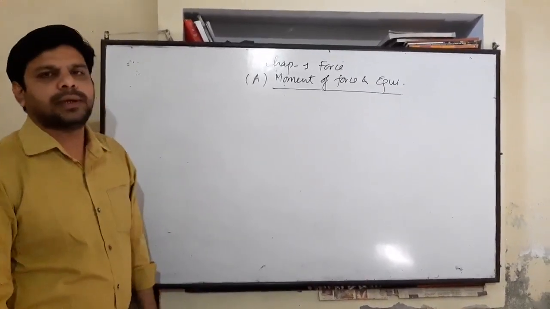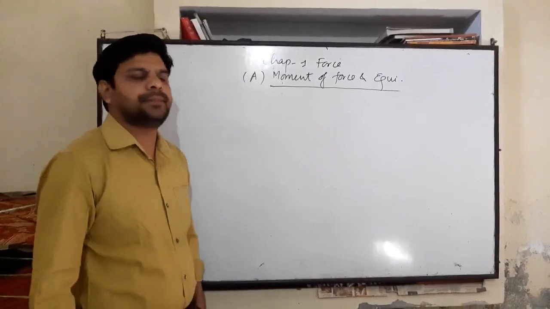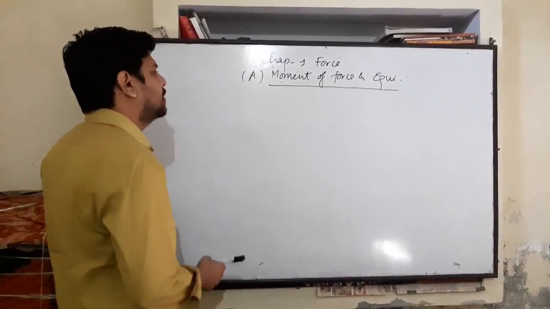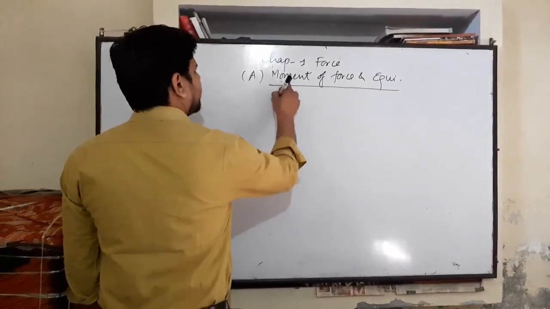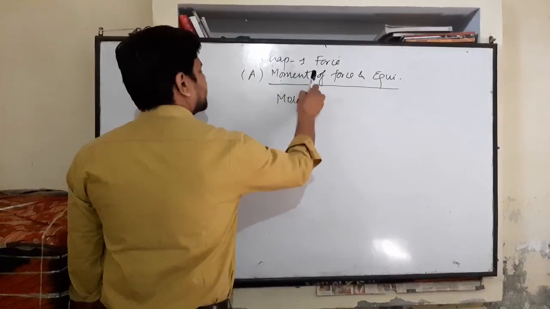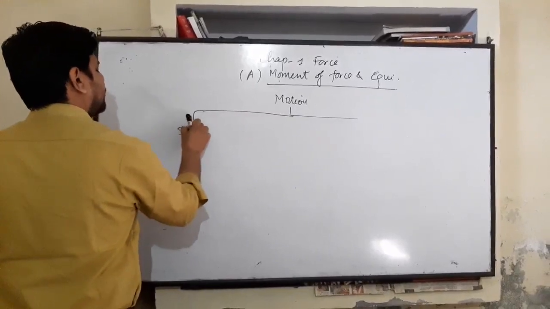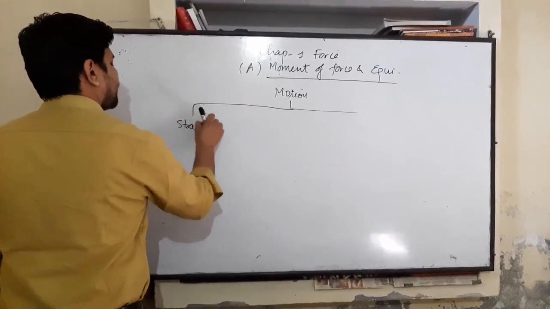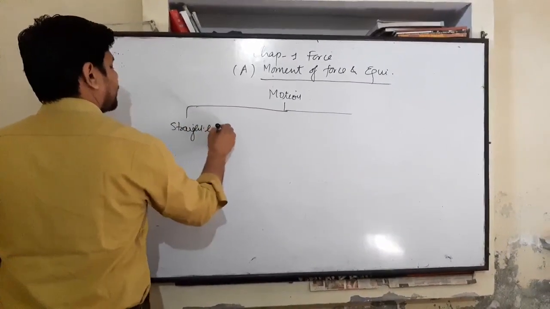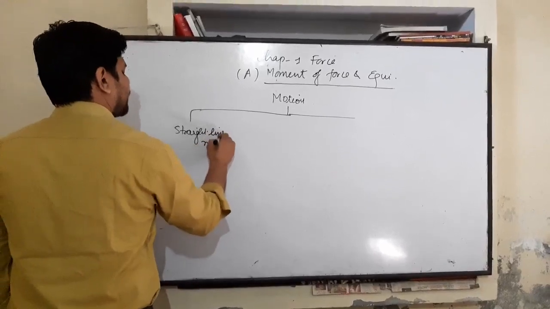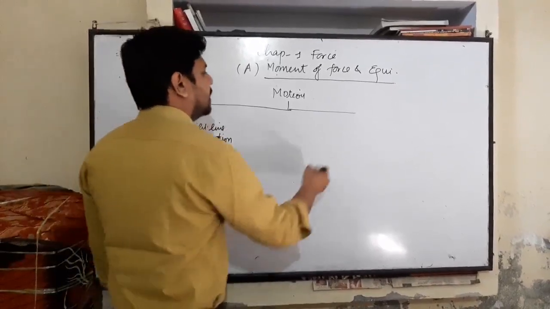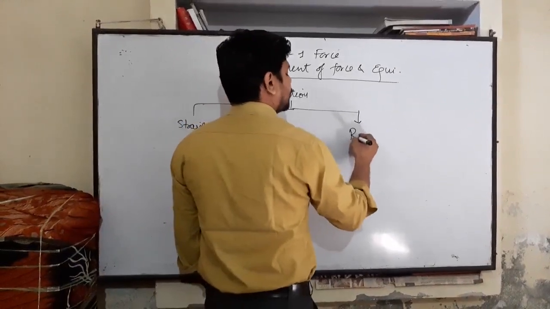As we know, there are two types of motion. We can categorize motion into two categories. Let's see, straight line motion and second is rotation motion.